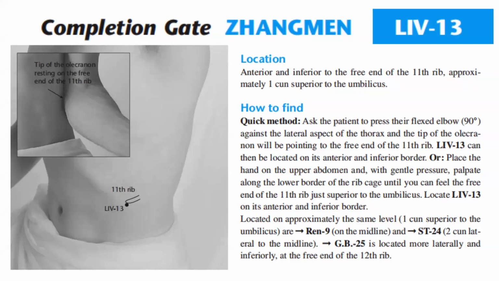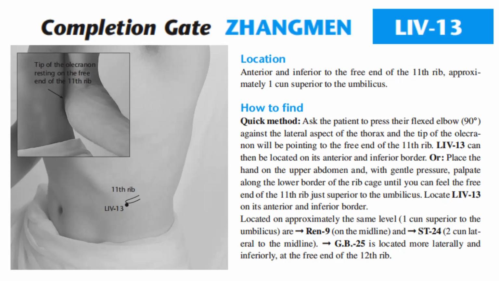To locate, the quick method is to ask the patient to press their flexed elbow at 90 degrees against the lateral aspect of the thorax, and the tip of the olecranon will be pointing to the free end of the 11th rib. So LV13 can then be located on its anterior and inferior border.